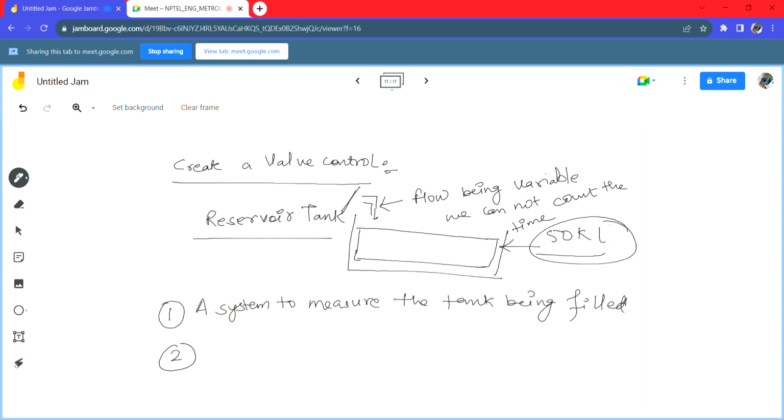Second is a system that interprets the answer given by system 1.